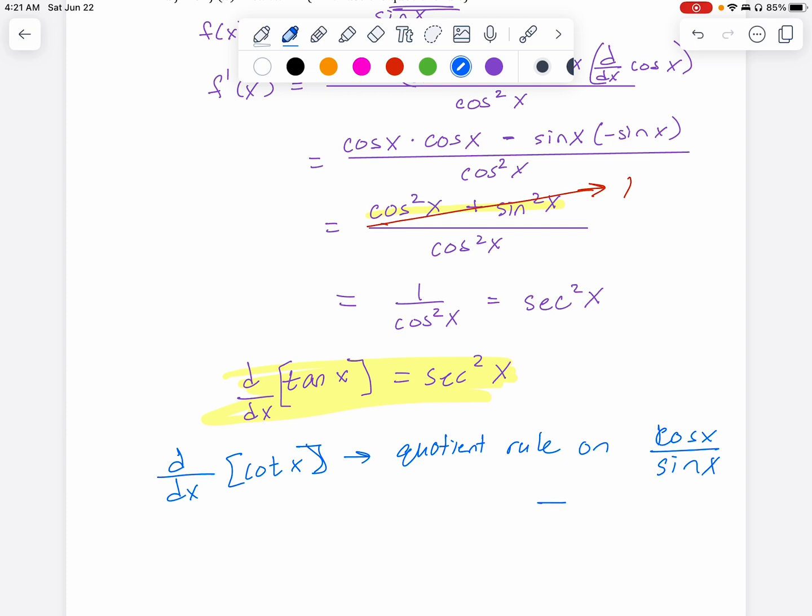And after we do that, we would get negative cosecant squared of x, a very similar process.